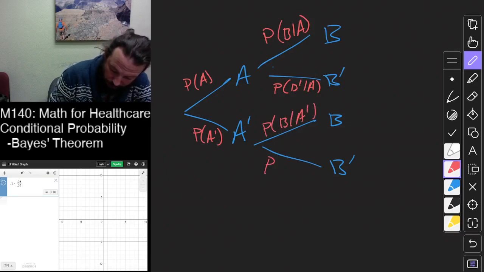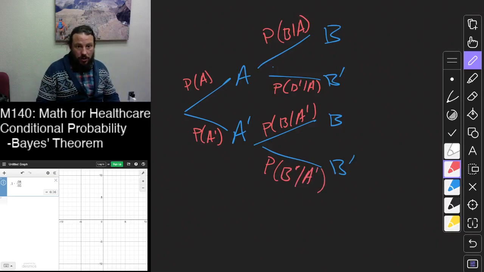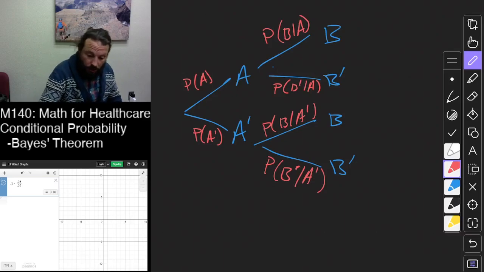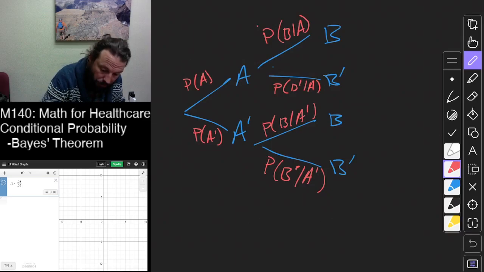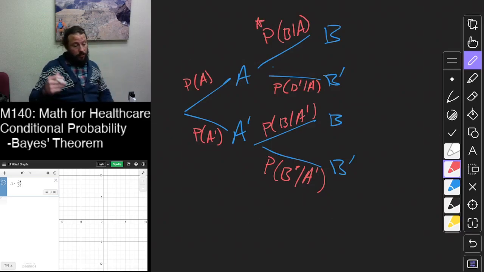And lastly, the probability of B complement given A complement. And we have to search and see which ones of those things we have. In order to fill this out, notice these conditional probabilities, we have to be able to analytically find them. They have to be given to us in a sense.